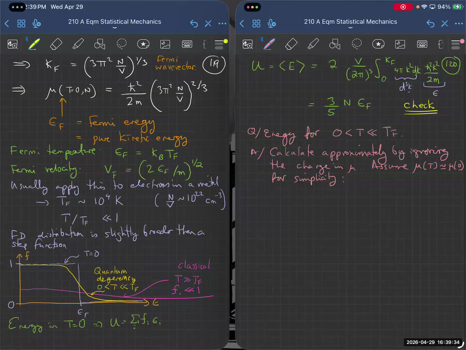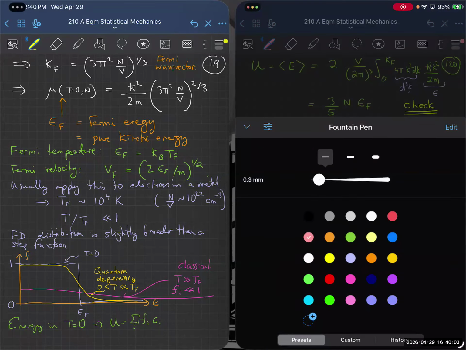What we're basically saying is that mu of T is equal to mu of 0, which is the Fermi energy, plus T d mu by dT at T equals 0 plus higher order terms, and this is close to the Fermi energy. So there will be a correction that comes from the d mu by dT term, but for simplicity, I'm not going to calculate it for now.